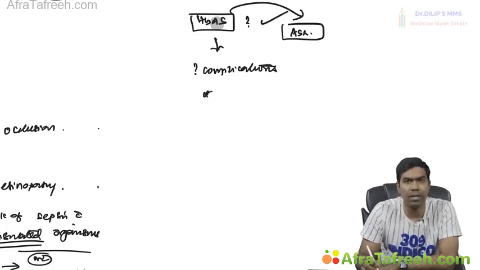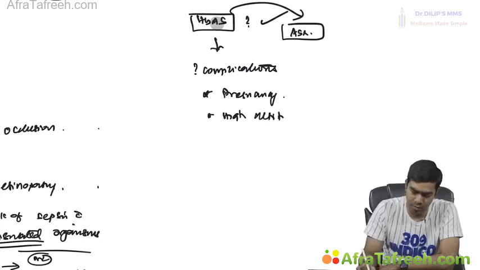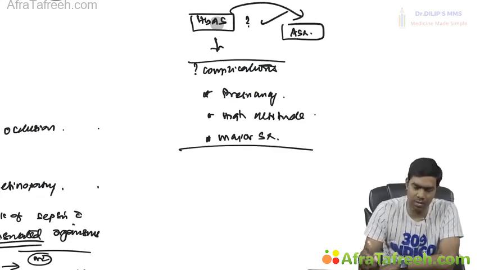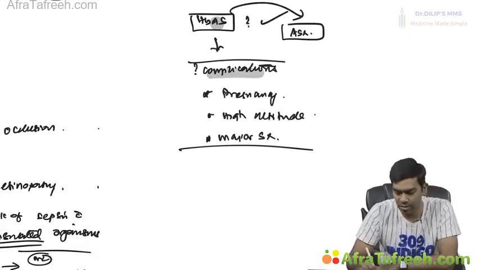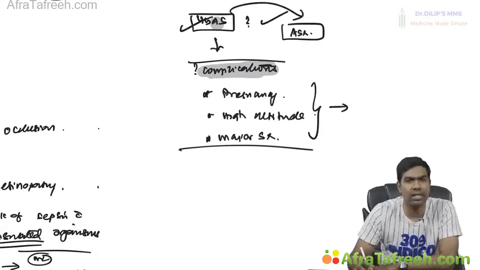They can develop complications especially during pregnancy, or when the patient is going towards a high altitude, or if the patient is undergoing a major surgery. In these conditions, the HbAS, that is the sickle cell trait itself, may show some complications like renal papillary necrosis.